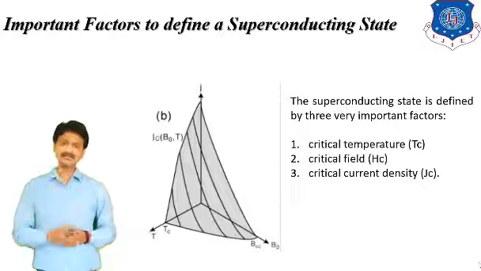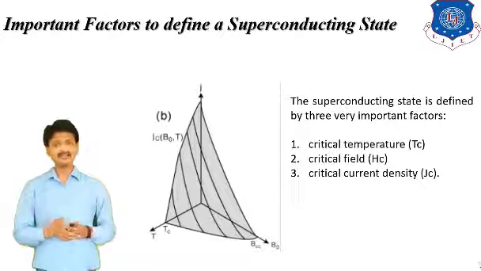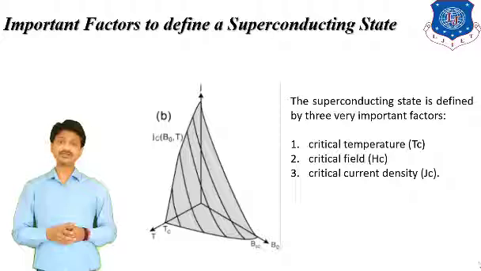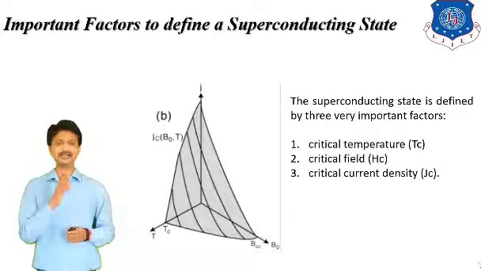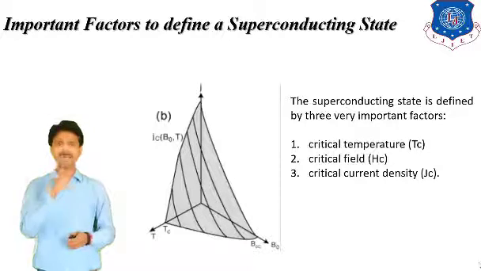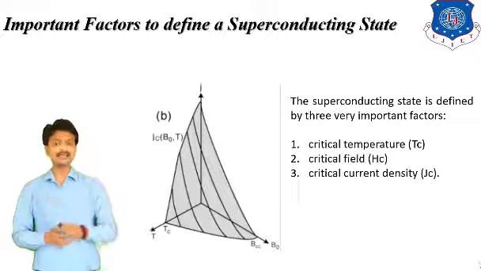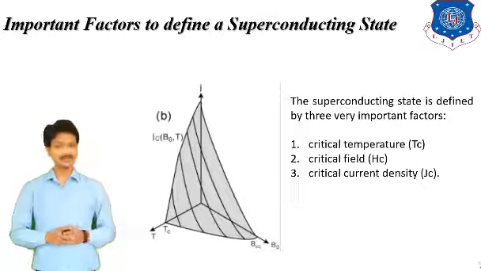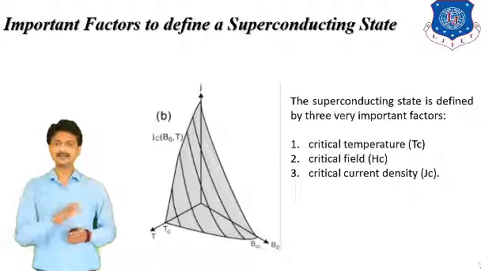So we can say that if H is greater than Hc, then the material comes into the normal state. And last is critical current. The maximum current that can be permitted through the superconductor without losing its superconducting property is known as critical current, or we can say critical current density.